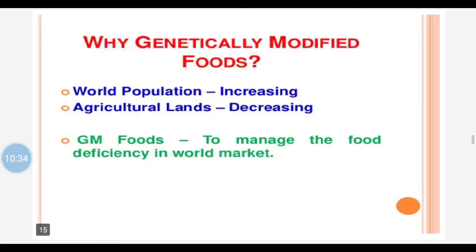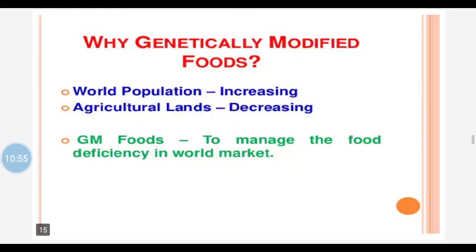Now, naturally, the growth of crops is very slow. It requires a sufficient time period for any material to grow up.